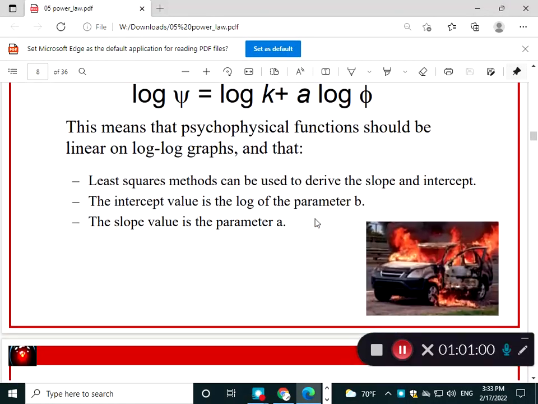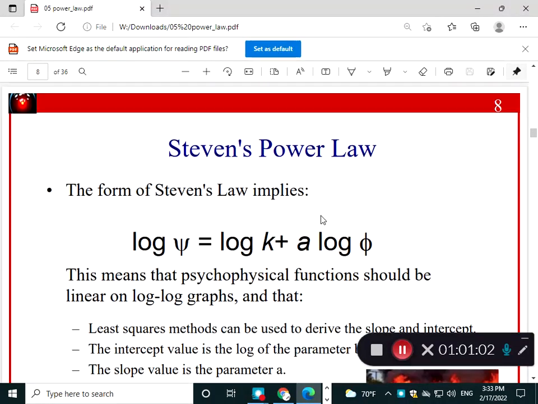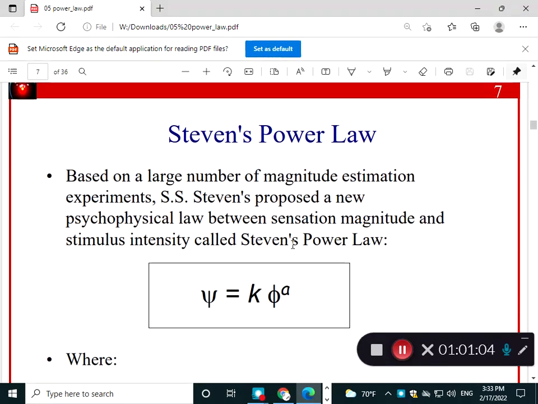Okay? When you have something greater than 1, it means that you exaggerate. When you have something equal to 1, that means your psychophysics and your physics are proportional. And if your alpha term is less than 1, it means that you taper out.